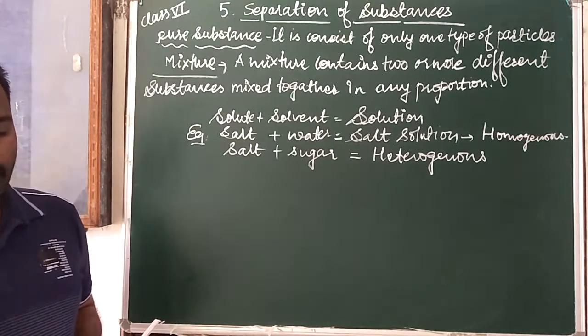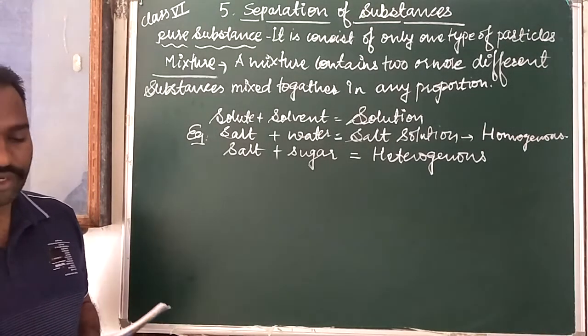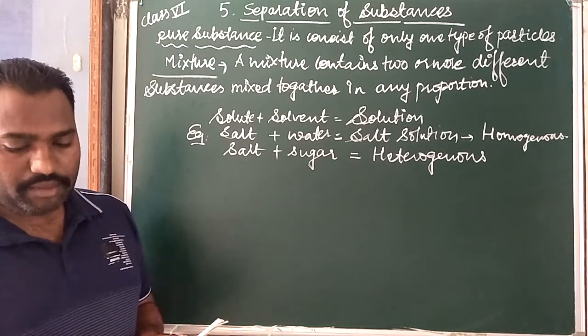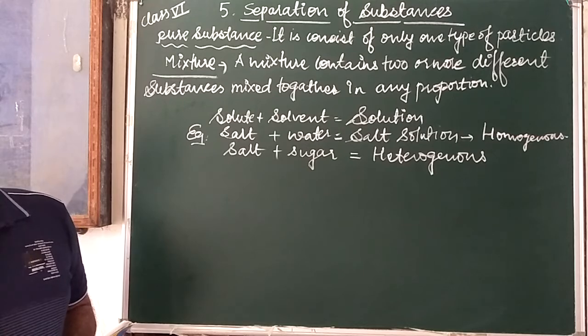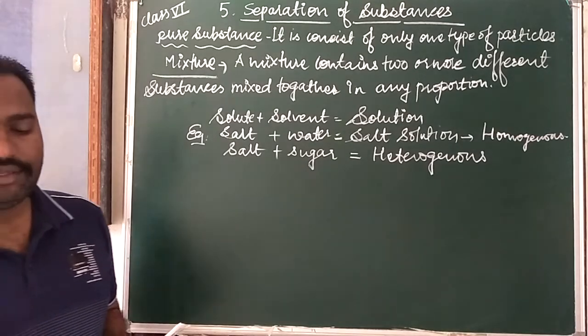Now the homogeneity. A mixture can either be homogeneous or heterogeneous. For example, as mentioned earlier, the mixture of sugar and charcoal is heterogeneous.